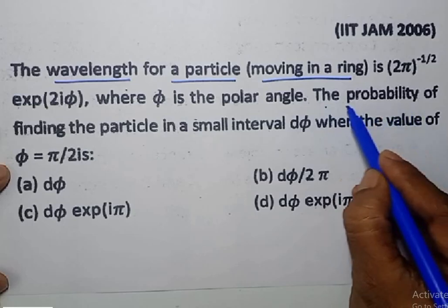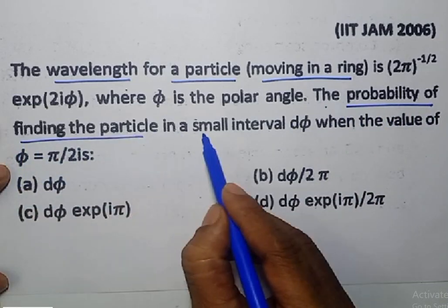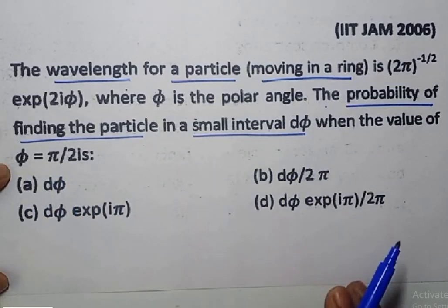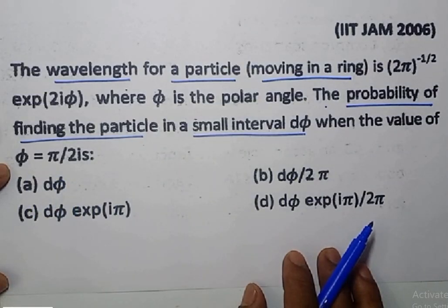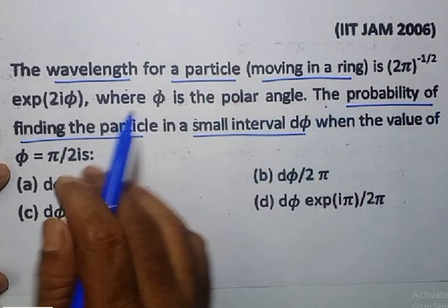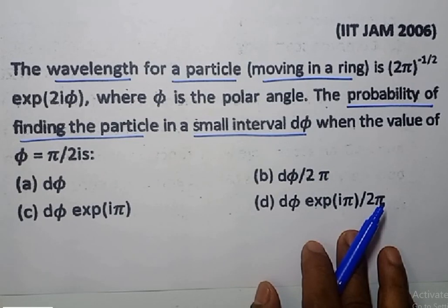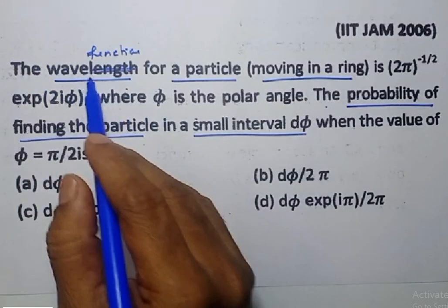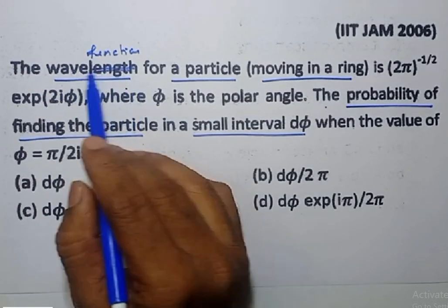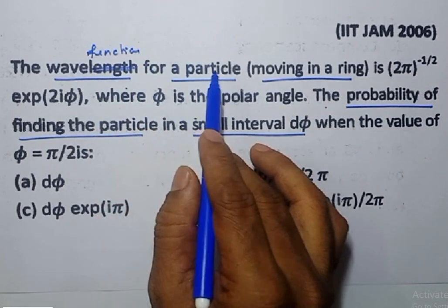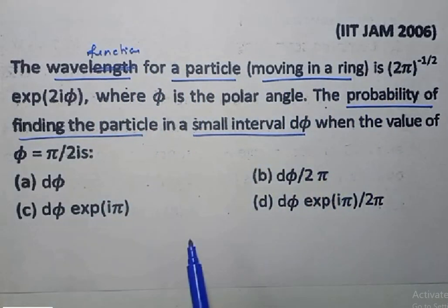The probability of finding the particle in a small interval d phi when the value of phi is pi by 2 is. So they are asking the probability of finding the particle in a small interval d phi. How to do this? In the question it is typed wrongly. It is not wavelength, it is actually wave function. The wave function for a particle moving in a ring is this.